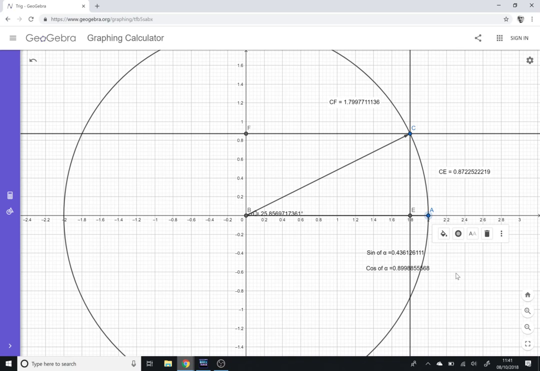You can see that our dx now is 1.79 and our cosine value is 0.899. I'm sure if you multiply that by 2, you get that. Similarly, our y value, or our opposite, is 0.436, and if you multiply it by 2, you get 0.8.